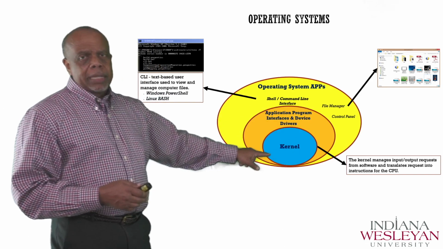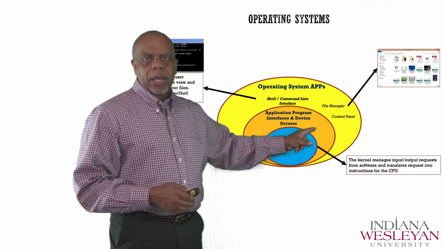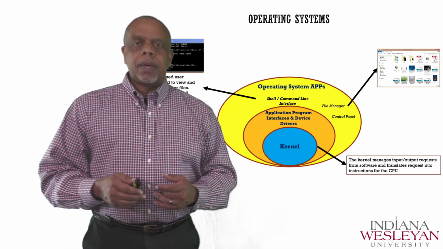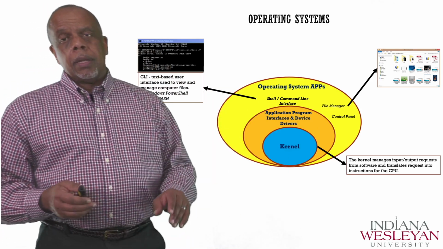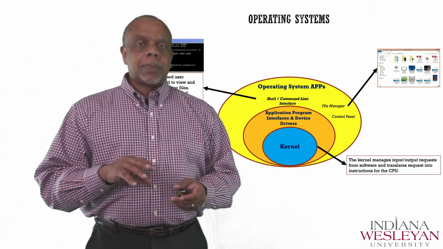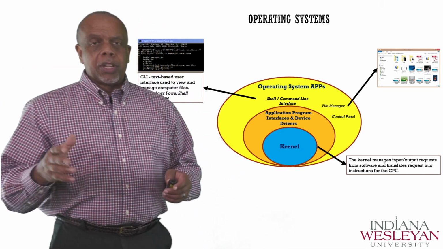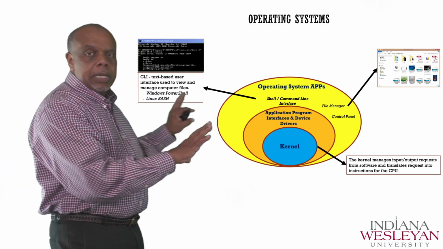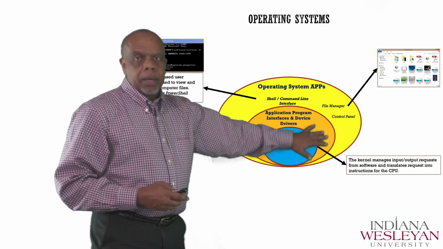We're not talking directly to the kernel, but this is a language that allows us to go in directly, and it's a very efficient way. Anybody who does a lot of work with computers wants to operate this way, because it lets you interface directly with the operating system without going through a lot of graphical user interfaces. So that is what an operating system looks like. When someone says an operating system, this is what we're talking about.